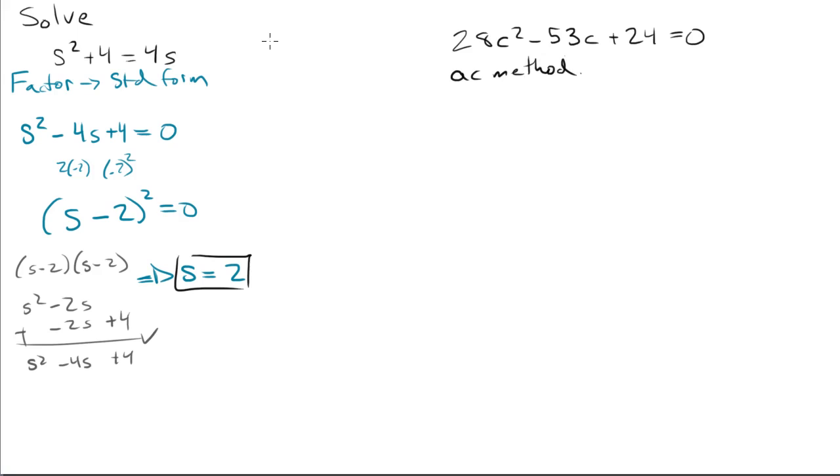So I'm going to have to take 28 and multiply it by 24. Although what I really want to do is find factors of 28 times 24. So I think maybe what I should do is take 28 as something like 4 times 7. 24 is 4 times 6.